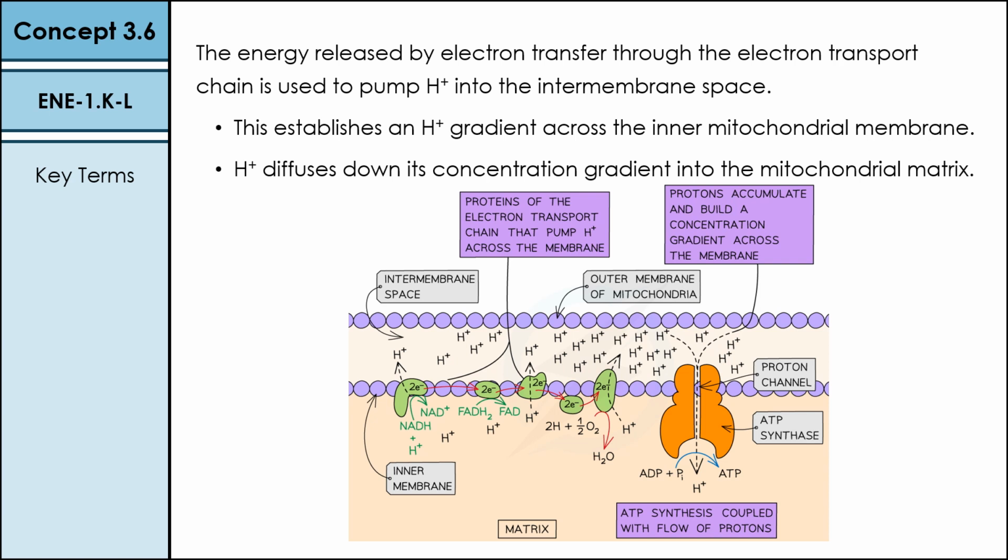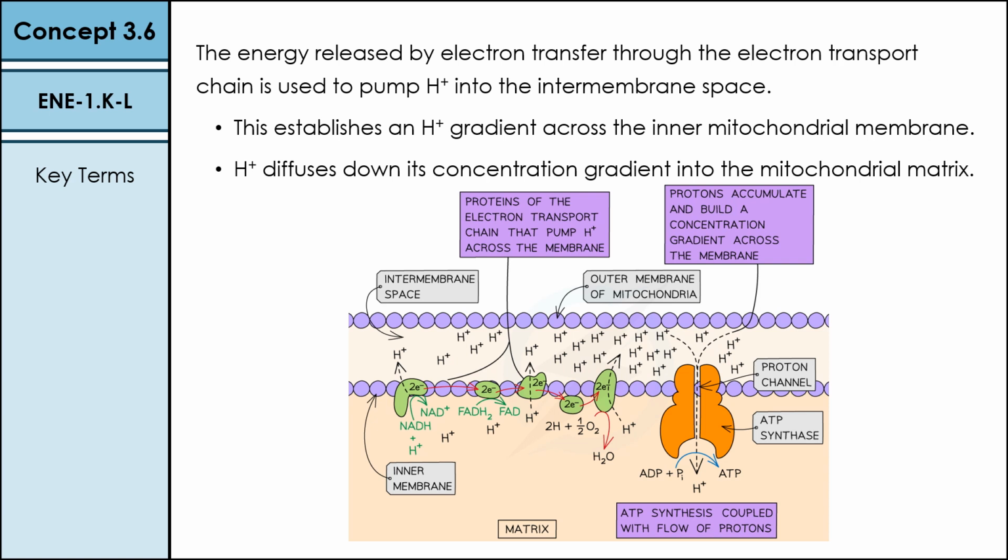So the energy that is being released by this electron transfer, with these high energy electron carriers dumping off their electrons, and then those electrons flowing through the electron transport chain, we're using the kinetic energy of those electrons to pump hydrogen ions into the inner mitochondrial membrane.